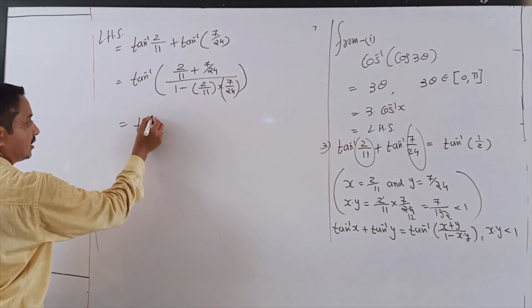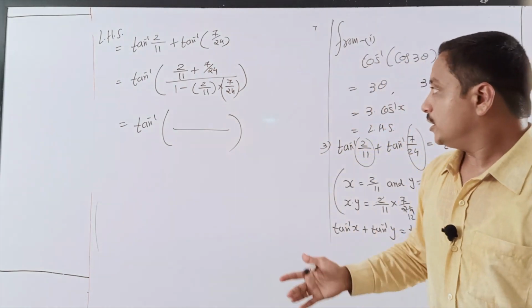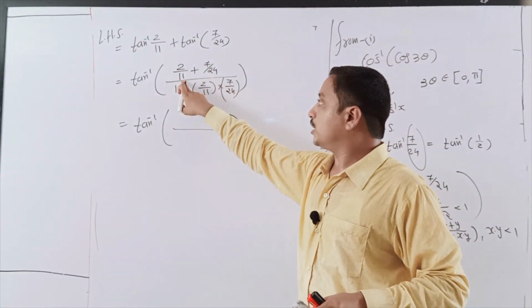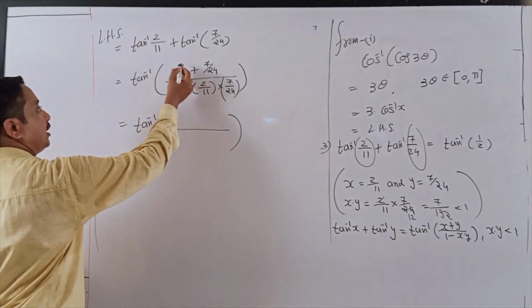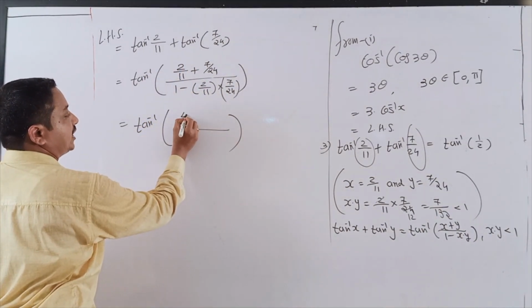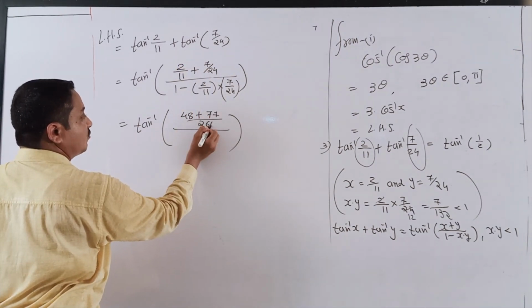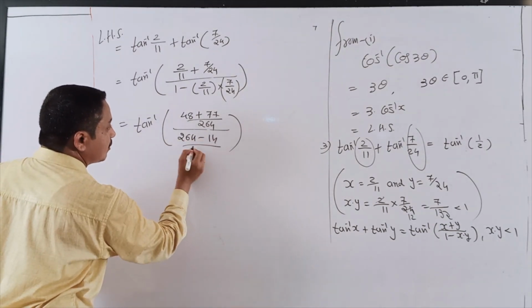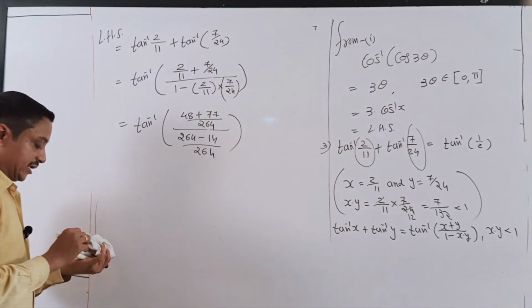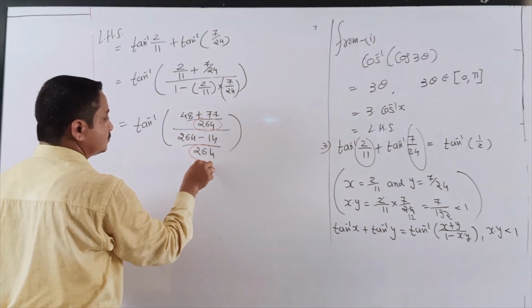Students, you are not making the cancel. Only take the LCM. Here LCM, 24 into 11, and here taking 24 into 11. It is 264. And here 24 into 2, it is 48. 11 into 7, 77 by 264. Same here, 264 minus 14 by 264, and students, these 264 are cutting with each other.